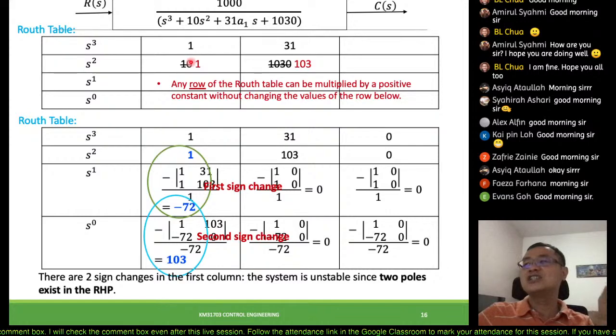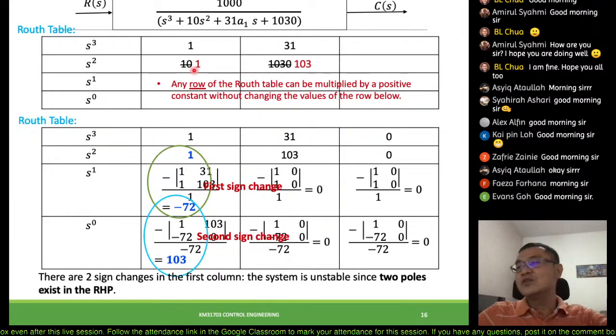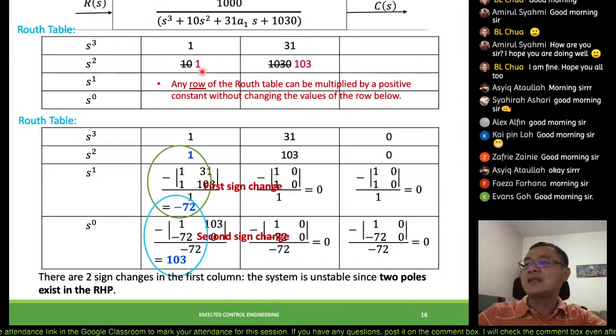We can only change the value by factorizing it, okay. So therefore we will divide with a positive value, okay. So in this case we divide by 10, then we get 1, 0, 3, okay. If we don't get any factors, then never mind, okay, we will continue with that, right?